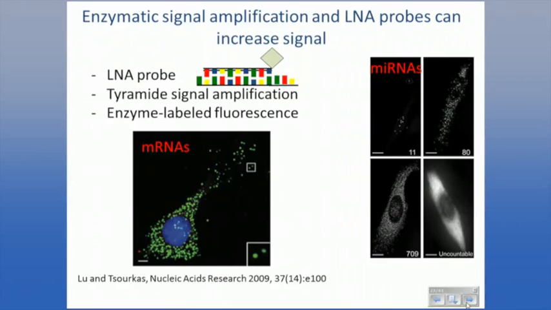One of the amplification methods, and this is an outline of the way these LNA probes work: you have this locked nucleic acid probe, base pairing with its cognate sequence the way a normal FISH probe would, but it has this extra backbone link that causes that interaction to become more stable. In this traditional mRNA case, you have stuck to the end of your probe an enzyme that you can then use to cause an inert substrate to become fluorescent.